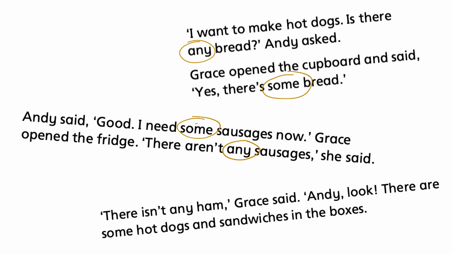"There isn't any ham," Grace said. "Andy, look. There are some hot dogs and sandwiches in the boxes." Have you found them all? We can use any and some to talk about food and drinks.